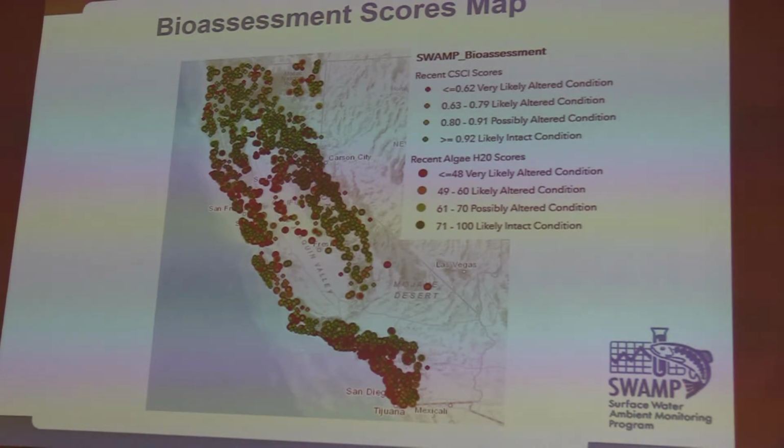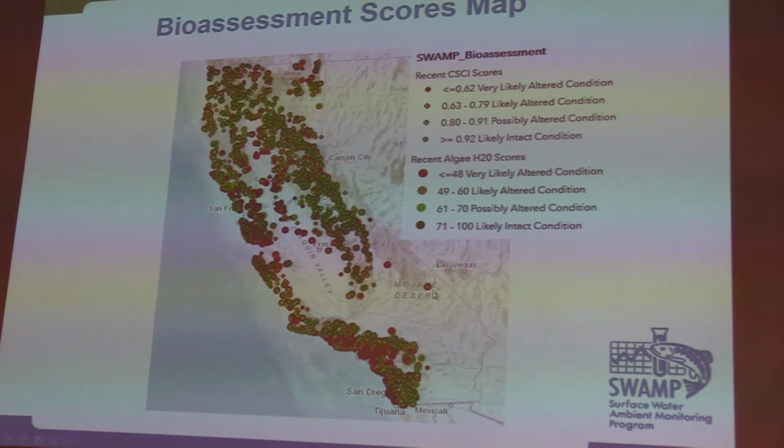Another resource on the SWAMP website is the interactive Bioassessment Scores Map, which displays all the sites that have been scored with the CSCI. And so these dots here in the middle represent the different CSCI categories, where green is likely intact, the light green and orange are intermediate categories, and the red are the very likely altered categories.